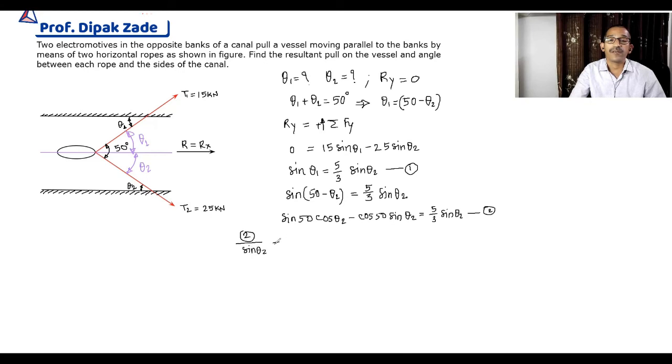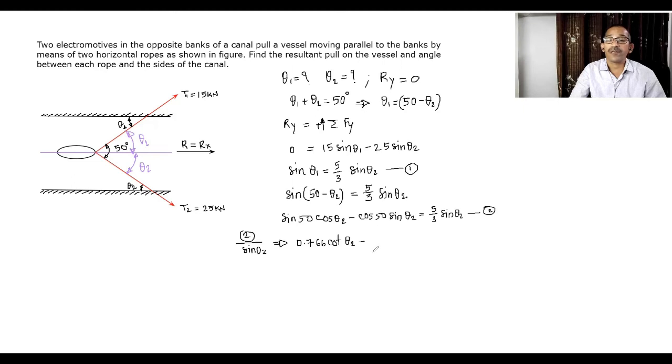If we divide by sine of theta 2, the right-hand side becomes only 5 by 3. Cos upon sine means cot of theta 2. And sine 50 is 0.766, minus cos 50 where sine theta 2 and sine theta 2 get cancelled.